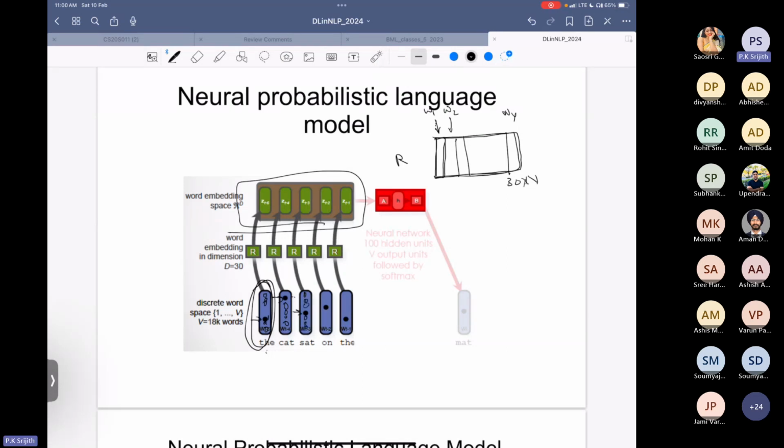This is a one-hot vector representation for each of these words. And I can obtain the corresponding vector representation for a word by multiplying this R matrix with the one-hot vector representation.